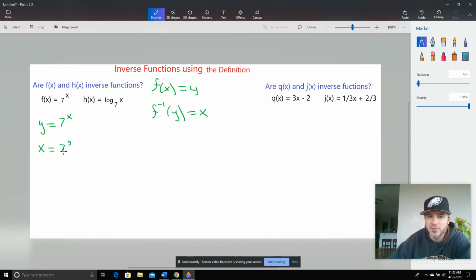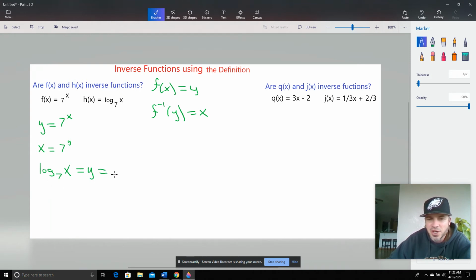Looks like we need to do an inverse operation right here to get the y back into the playing field. That inverse operation is taking the same base log of the left side. If I do it to the right side, we know that's going to eliminate that to give us y. So then what we have is a new function.